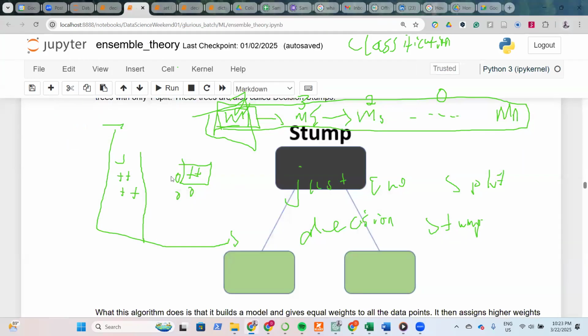Once it does that, it's going to highlight these ones and send them to the next model, and M2 takes it from there. M2 does its own classification. M2 can come and put a decision boundary here like this.